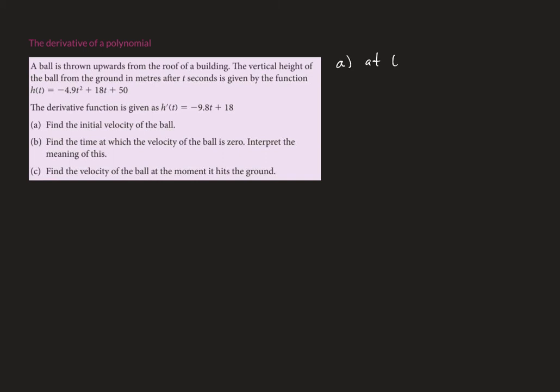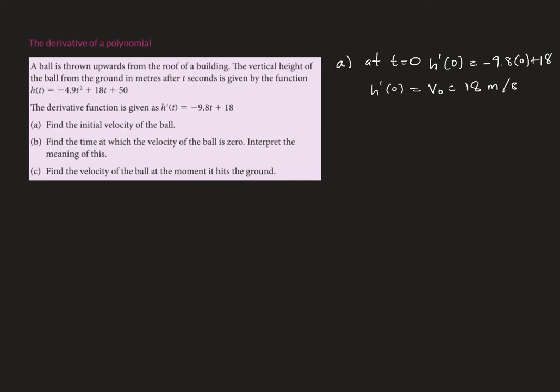So at t equals 0, h dash of 0 is minus 9.8 times 0 plus 18. So h dash of 0, that's the initial velocity of the ball, v0, is going to be 18, and we're going to put the units meters per second.